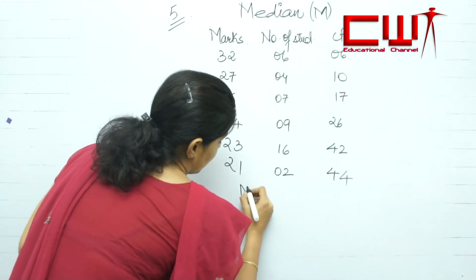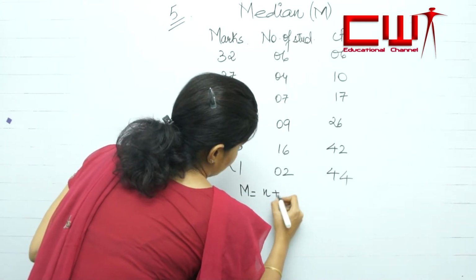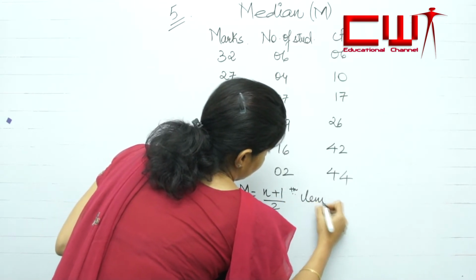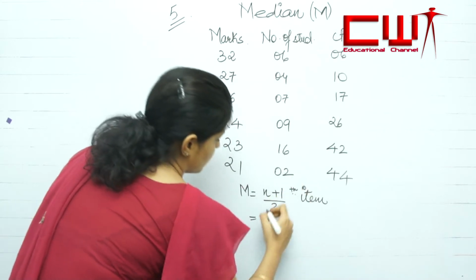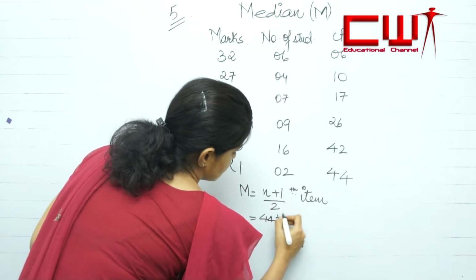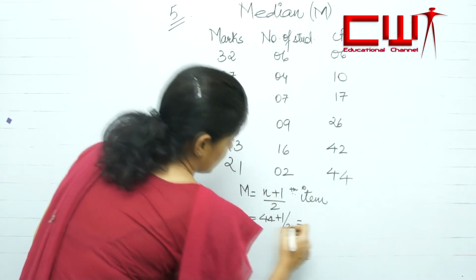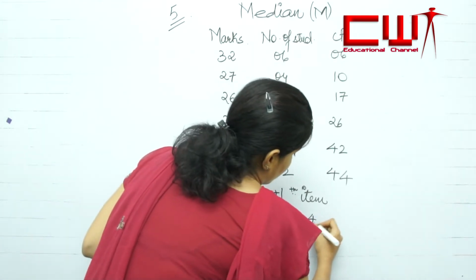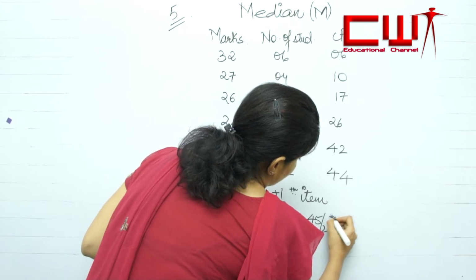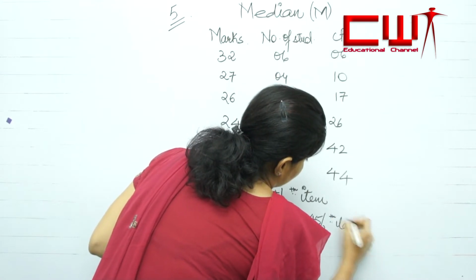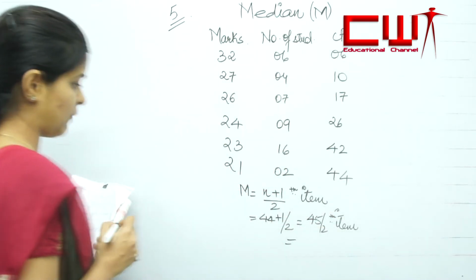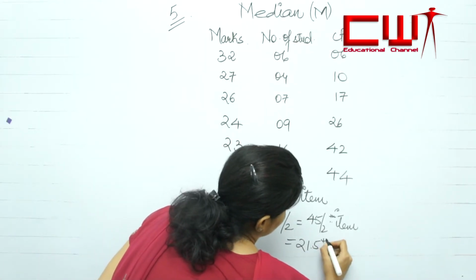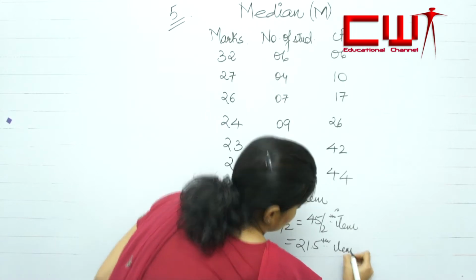Put the formula. M equals N plus 1 upon 2th item. So N is how much? 44 plus 1 upon 2 is 45 by 2. 45 by 2 is how much? 21.5th item.